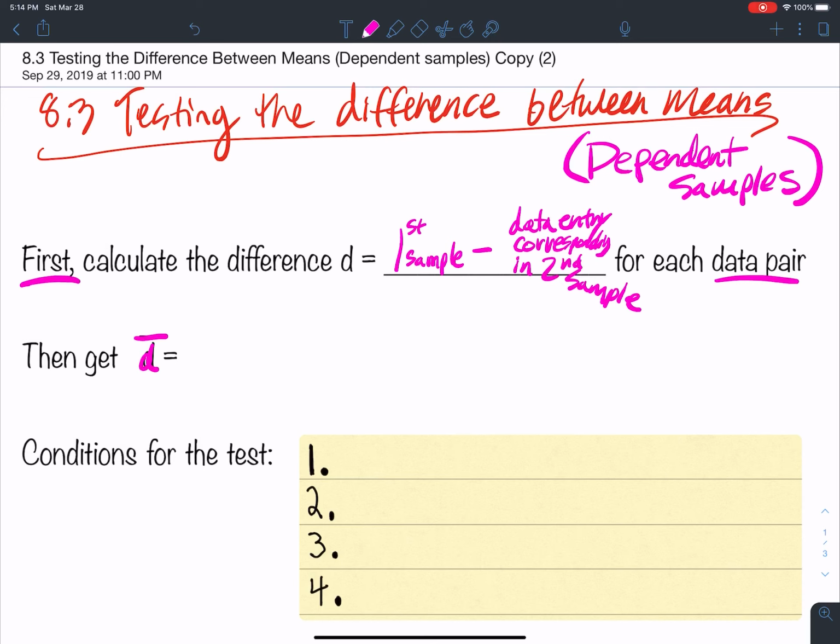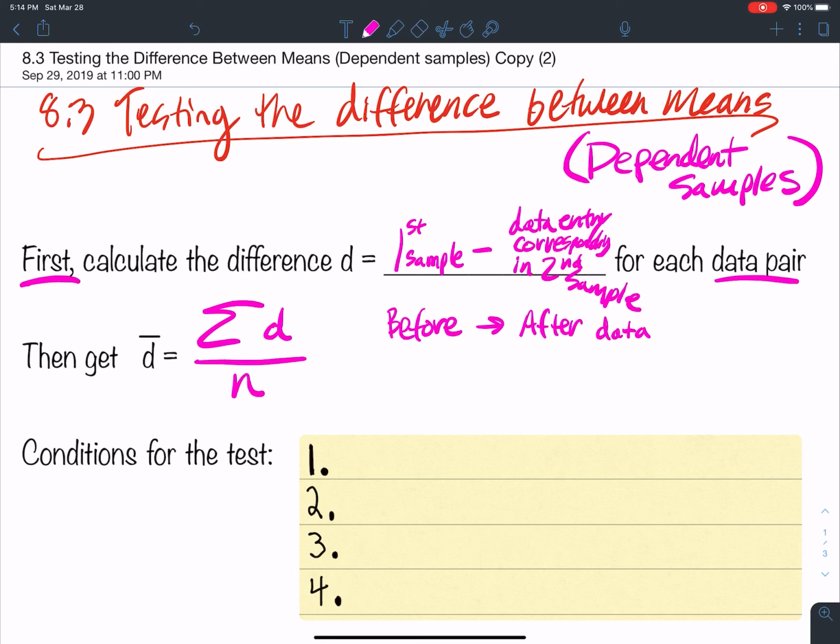D bar is equal to the sum of all the differences divided by how many total pairs there are. It's the mean of differences between the paired data entries in dependent samples. Typically dependent is like before and after data.